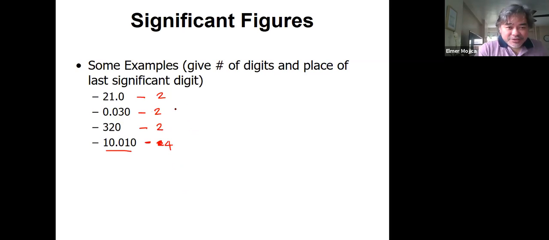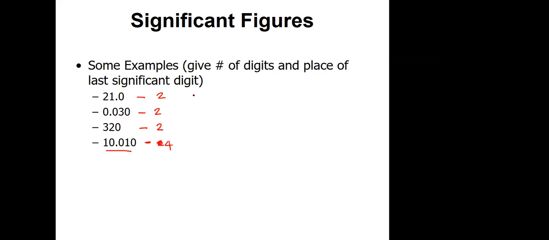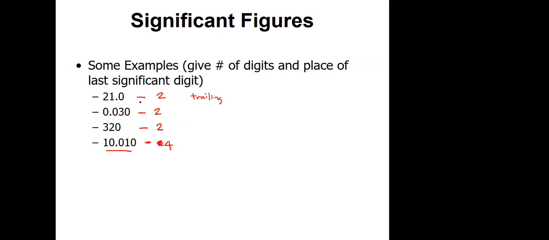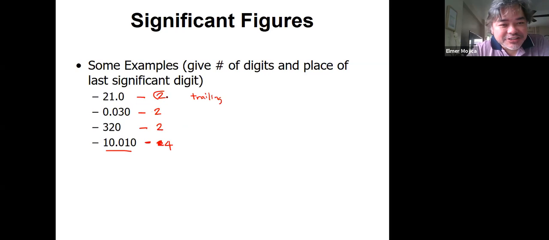21.0, is it 2? So what type of zero do we have here? A trailing zero. Okay, so anything on the right side of a decimal place is significant or not? Yes. So is 2 the right answer here?